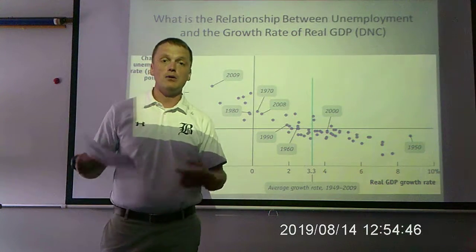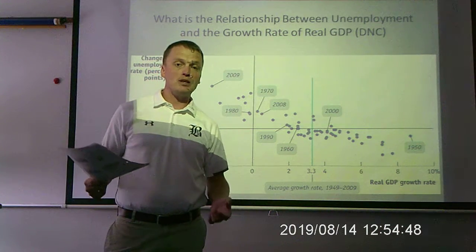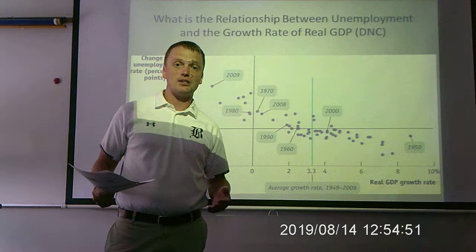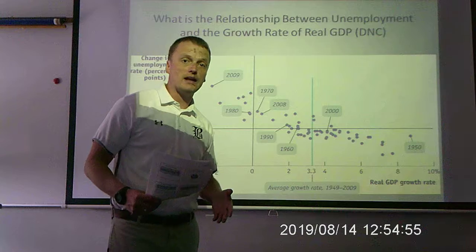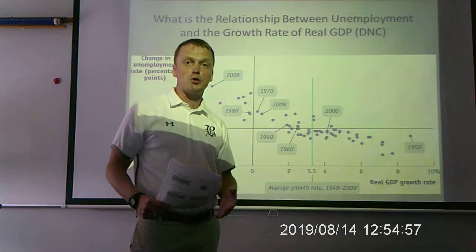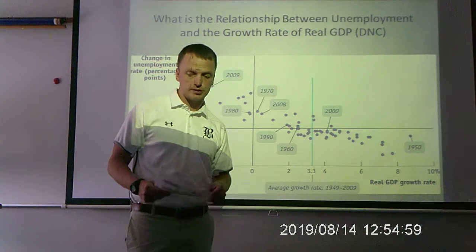And why is that? Well, you've got labor resources and you're not fully utilizing all those resources. So how can you grow as a country if you're not using all your labor resources? It can't happen.